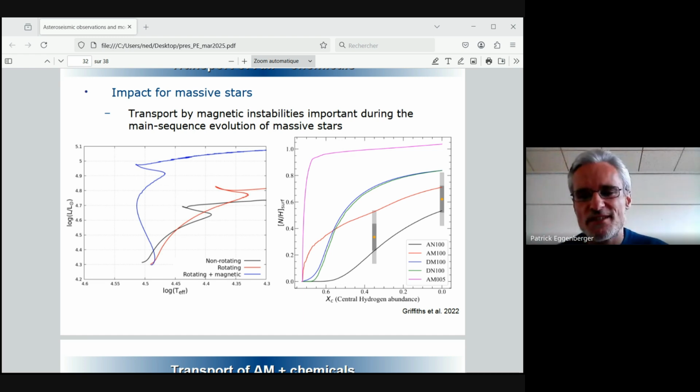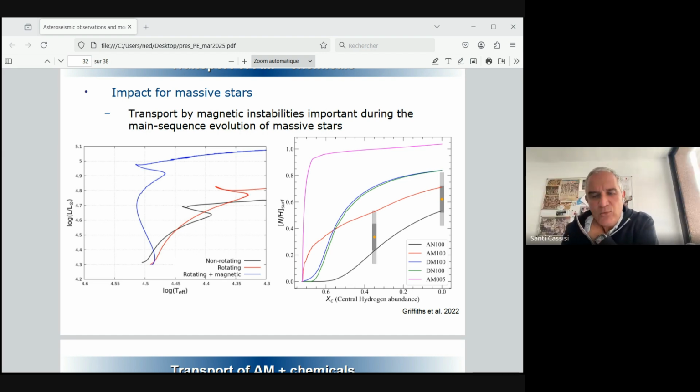We have less mixing in the external layers, so less lithium boron depletion, for instance, but an increase of the size of the core and more mixing close to the border of the core, which translates into a more chemically homogeneous evolution, even if the surface abundances can be different.